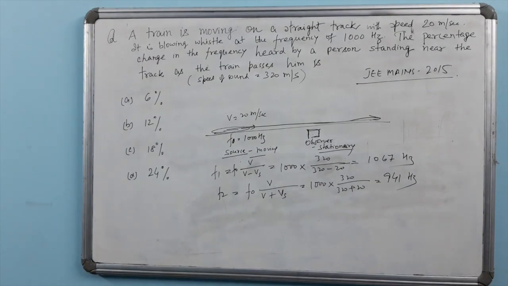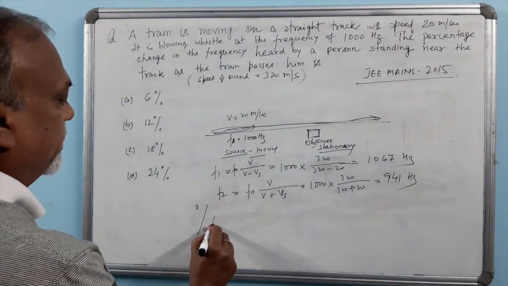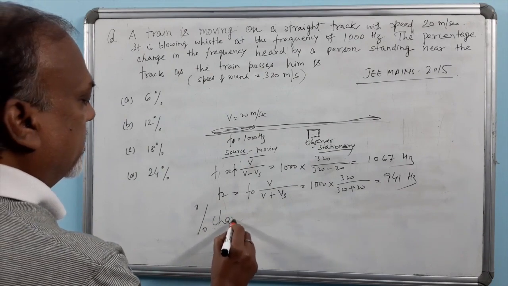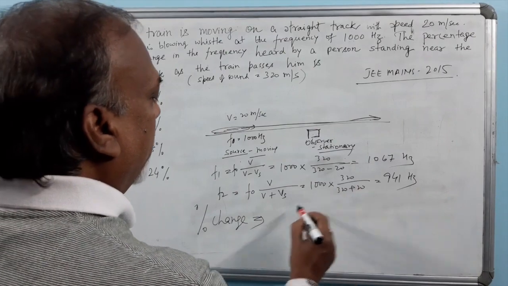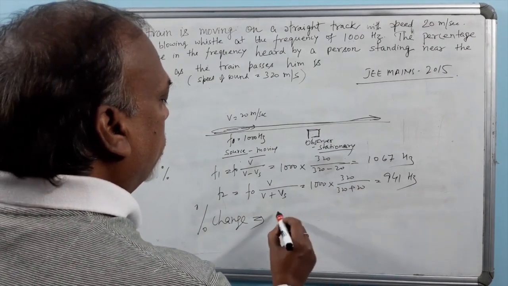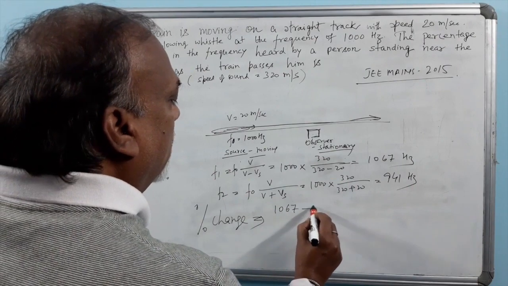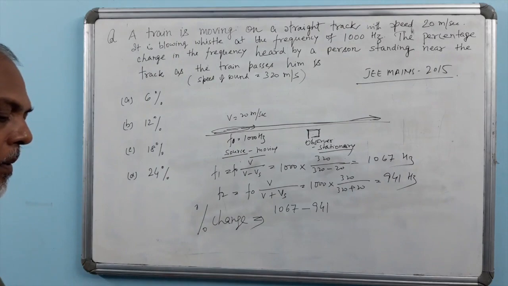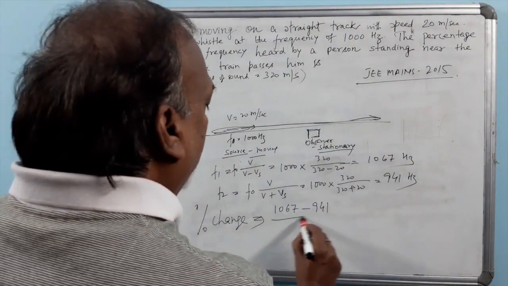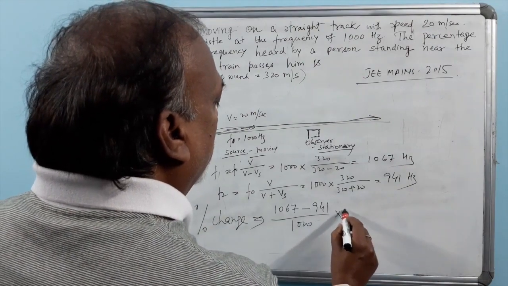So what is the percentage change? The change in frequency, 1067 − 941 = 126, divided by the original frequency, into 100.